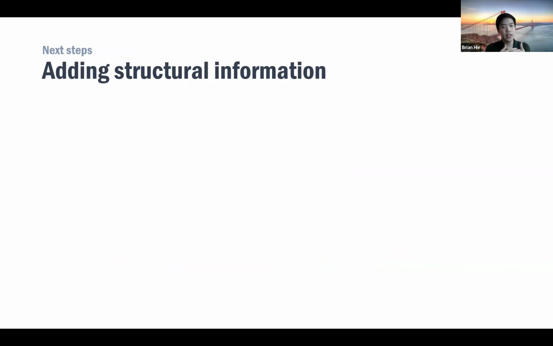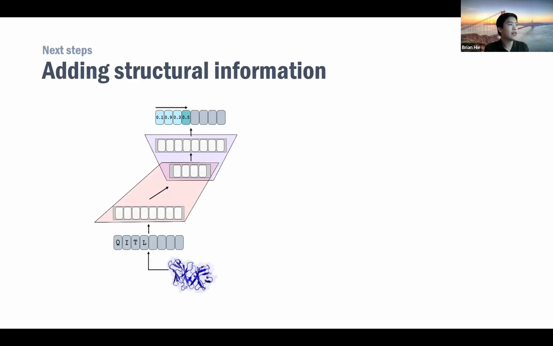Then we were interested in whether we could improve the model's ability to guide antibody evolution by adding structural information, and information about the antigen of interest, when we're guiding evolution. So how do we do this?